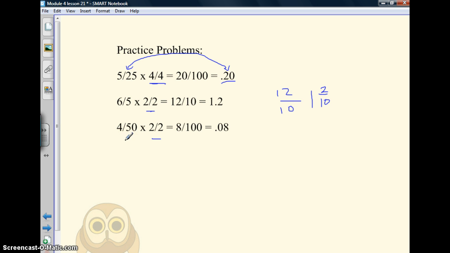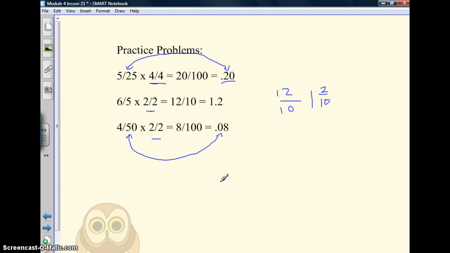Here, I have 4 50ths. I'm multiplying it by 2 halves. I end up with 8/100ths, which gives me 8 hundredths. So this and this are equivalent. All right, so do we have that?